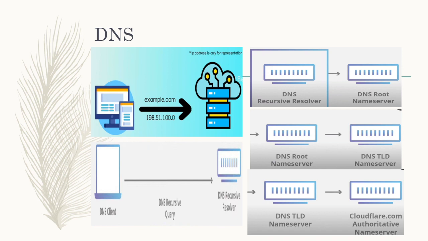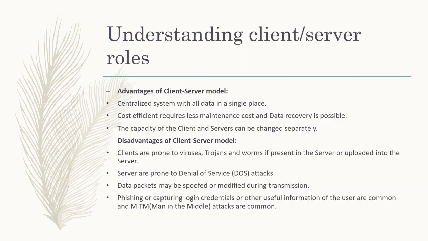Everything is included there, and we can find it from the authoritative name server. After finding the corresponding data, it responds back to the requesting side, and we get the data back at the client. This is the working of DNS. DNS searches from one server to another, and we get the final result.